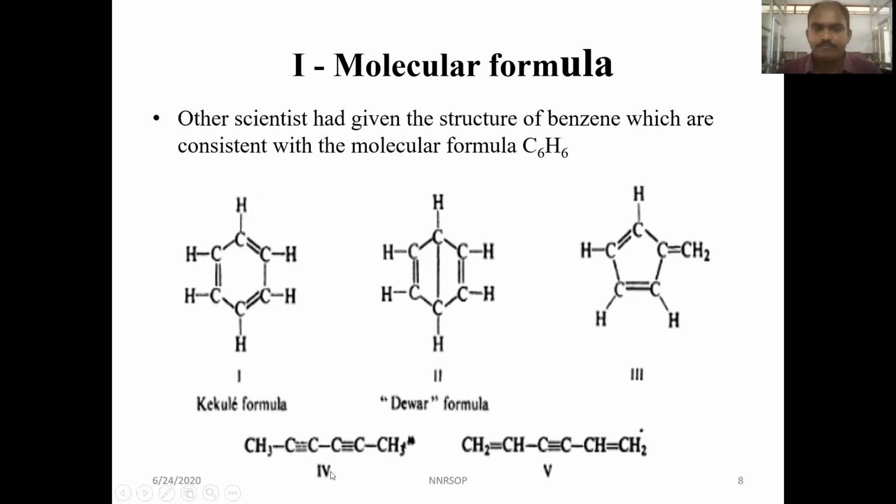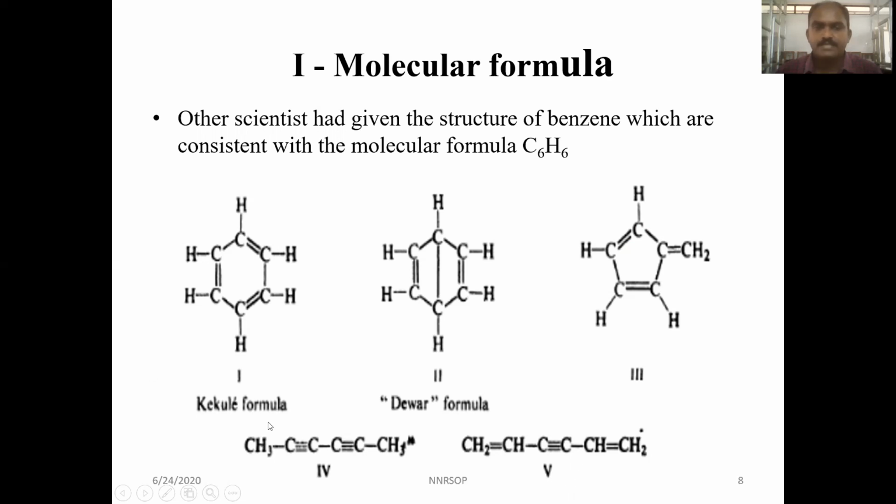But when you see the fourth structure, CH3 and CH3, they are equivalent protons. So it may give only one mono substituted product. So out of these five, the second, third, and fifth structures were rejected.